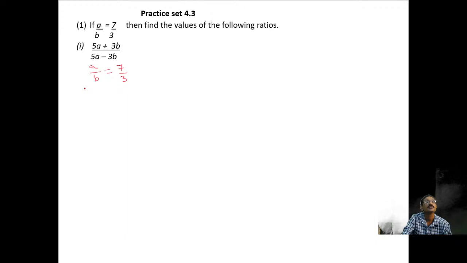Therefore, if I multiply both sides by 5 upon 3, what do I get? Let us see, multiplying both sides by 5 upon 3.